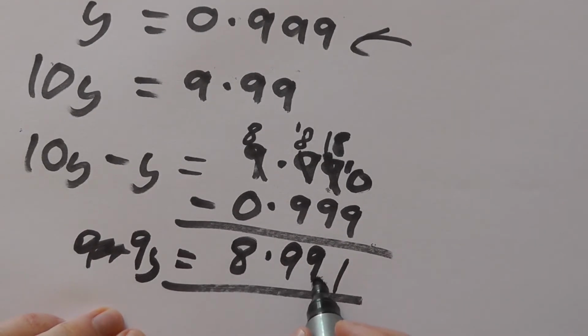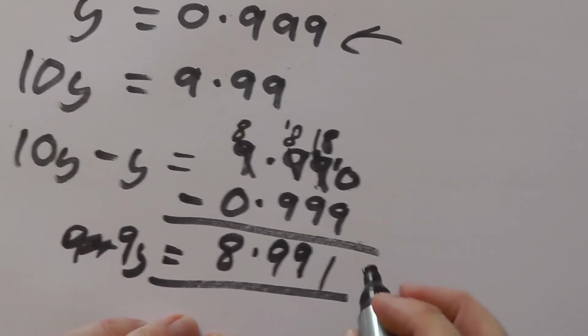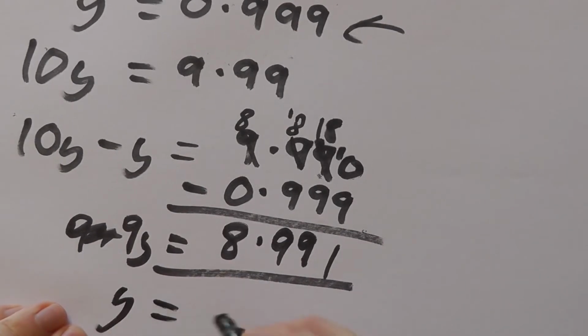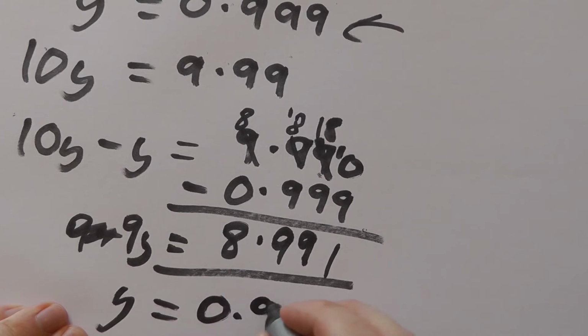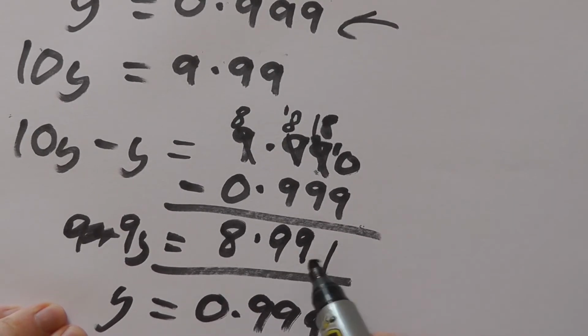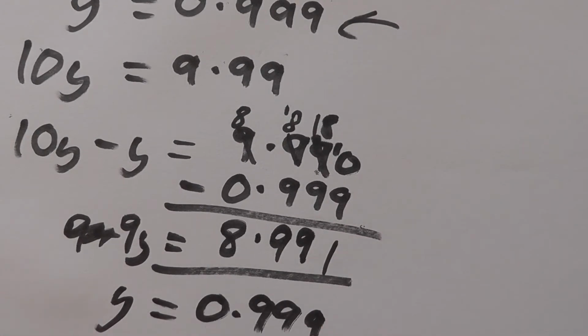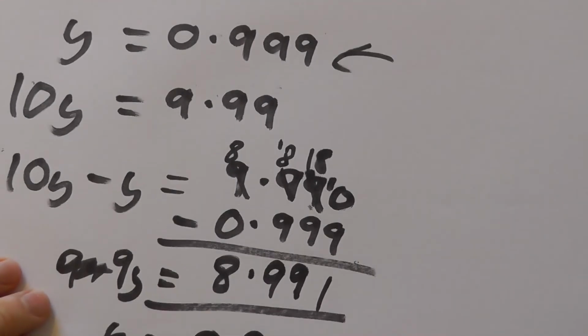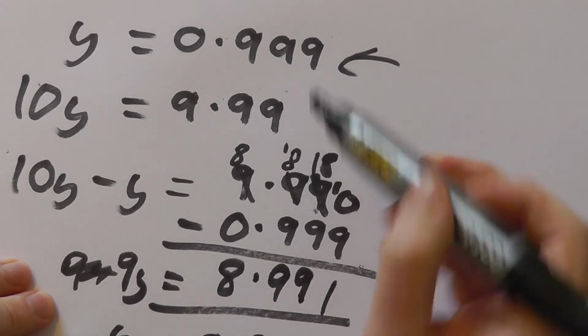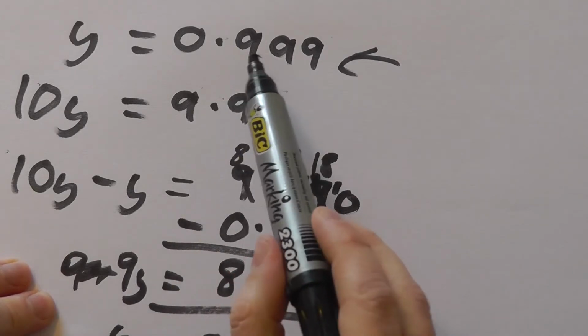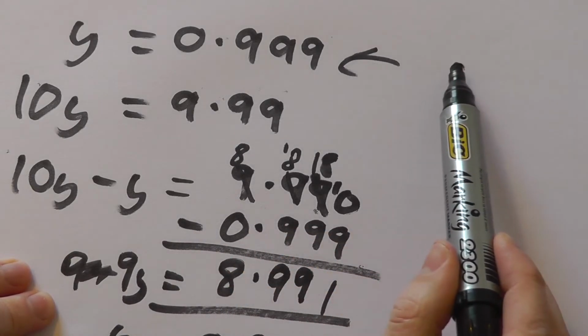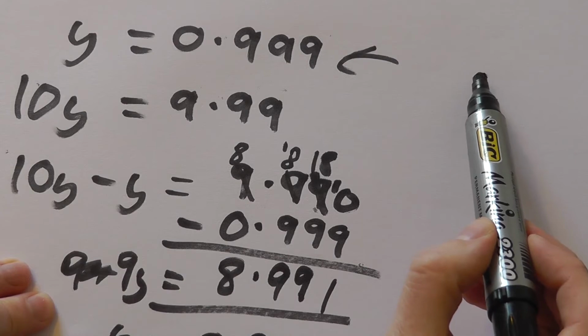If you divide that by 9, and I've done this earlier, so then you say, what does y equal? y equals 0.999. If you divide that number by 9, you get 0.999. And the same by the way happens if you have 0.99999, a million 9s, but then it ending in a full stop.